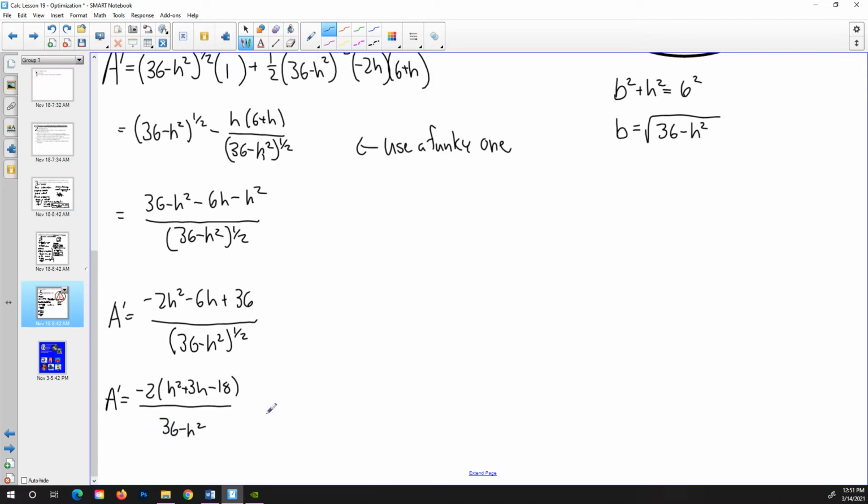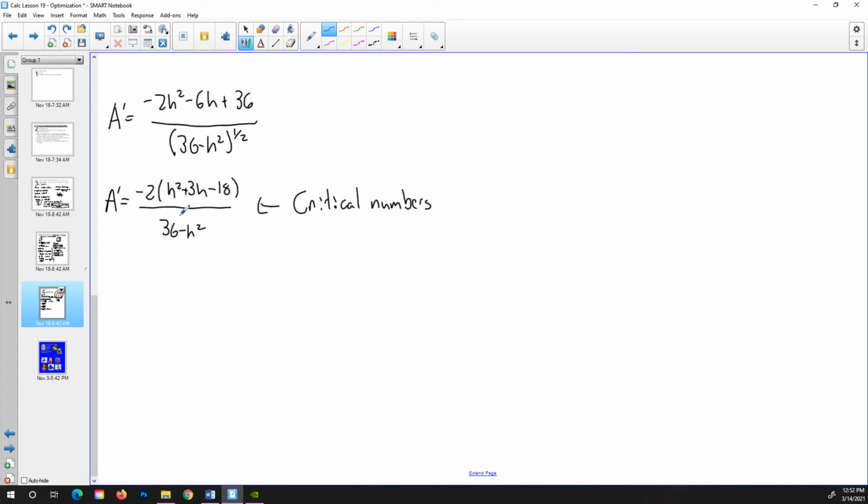So I need to find my critical numbers. Well, both 6 and negative 6 make this undefined.